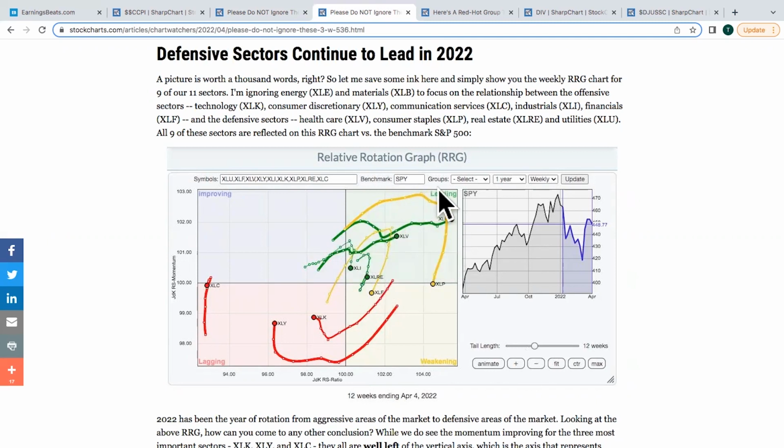So all of the defensive groups are basically right up here in the leading. And meanwhile, the three most important aggressive groups, in my opinion, are technology, consumer discretionary, and communication services. All three are in the lagging. This is not the kind of environment where the stock market goes higher. We have to see this change. It hasn't changed yet, and that's one of the reasons why I think we need to remain very cautious.